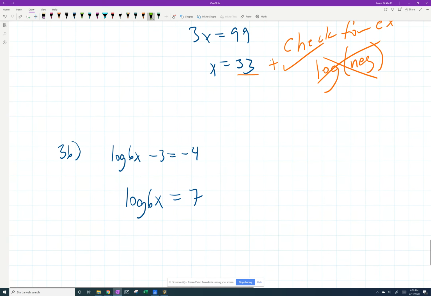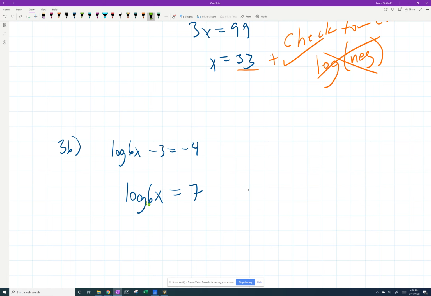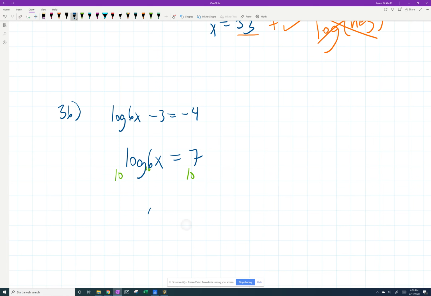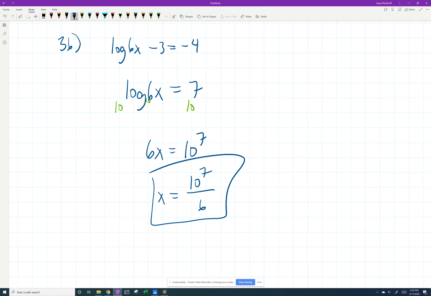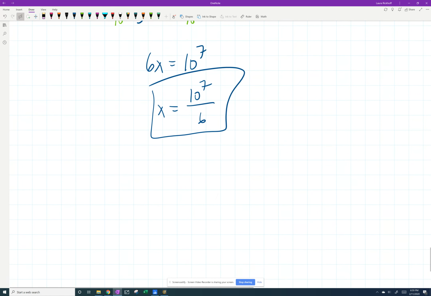They really like base 10. So okay, 10 to both sides will undo it. 6x will be 10 to the 7th. So x will be 10 to the 7th over 6. So exciting. Dreams of logs.